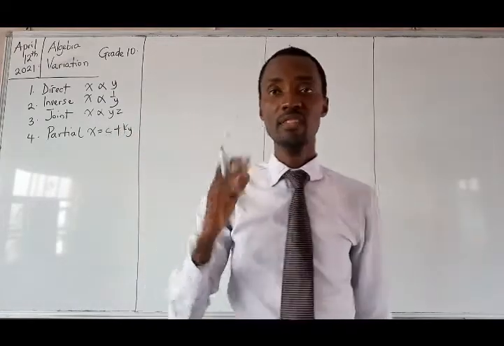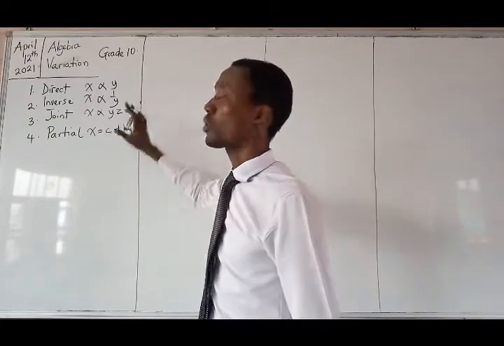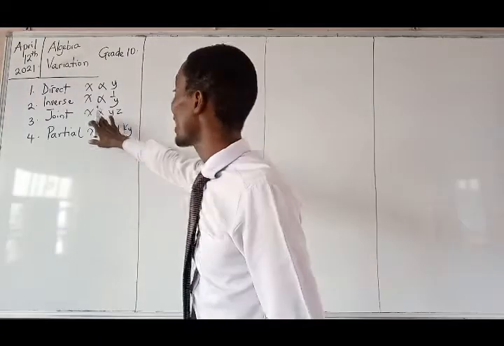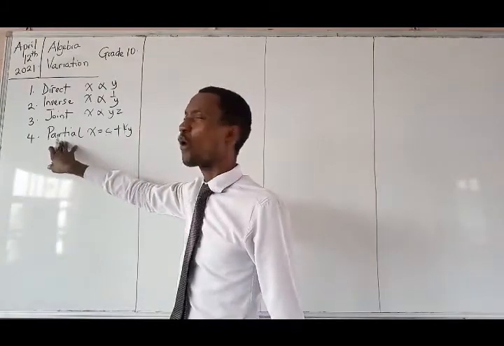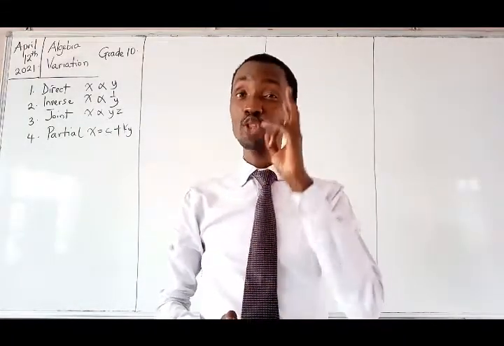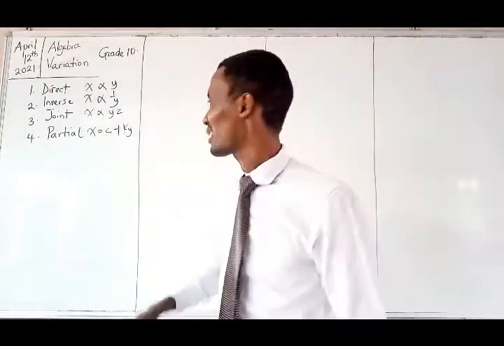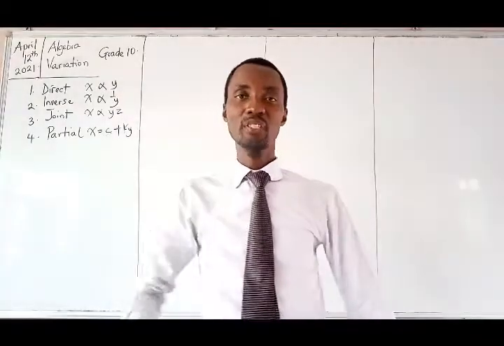The third type of variation concerns itself with three terms, and the fourth, which is called partial, concerns itself with just two terms. But we have a situation where a particular term is partly constant and partly varies with another.